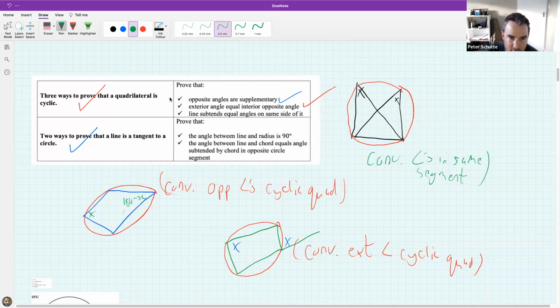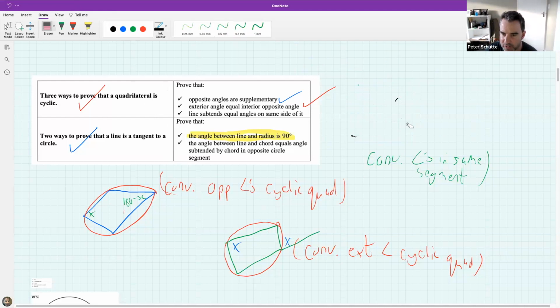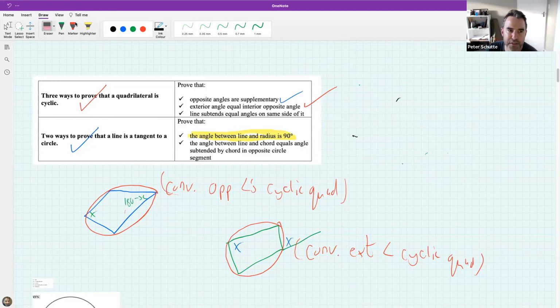The other thing to bear in mind is how to prove something is a tangent. I'll probably talk more about this on Wednesday, but basically, if the angle between the line and the radius is 90, then that line is a tangent. What do you think that theorem is going to be called? If you look at what we've done so far, what's the theorem that shows that the line is a tangent?